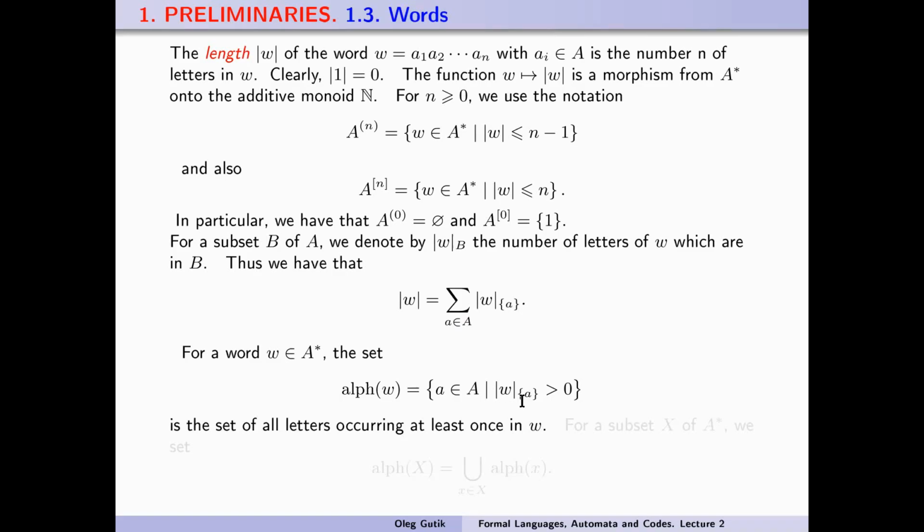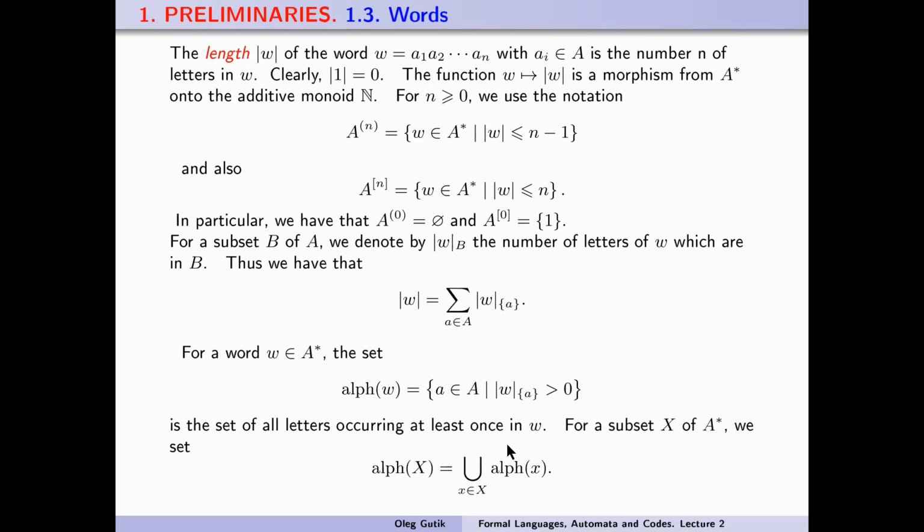The word W contains the letter a at least once. Hence alph(W) is the set of all letters occurring at least once in W.